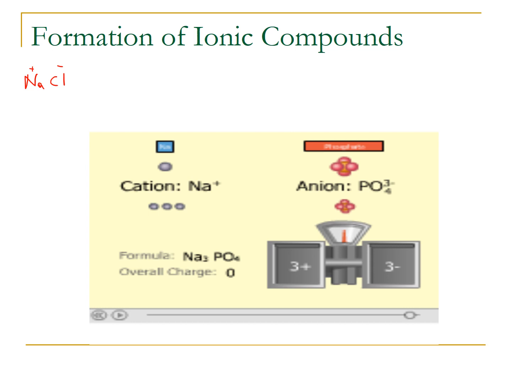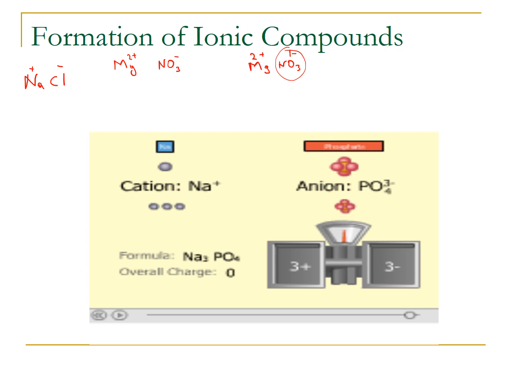Now, for example, you are asked to draw the formula of magnesium nitrate. So what do you do? You write down the ions. So you have magnesium, that is 2 plus, and you know the nitrate, that is NO3 -1. Now if you put them together, magnesium, NO3, this is 2 plus and this is -1.